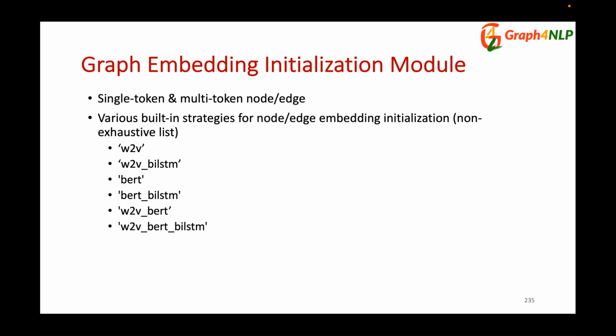Then we apply a BiLSTM to learn the overall vector representation of that node. So in short, we provide many useful building strategies to initialize the node embeddings, and those strategies have been proven to be effective in the existing literature of DLG4NLP.